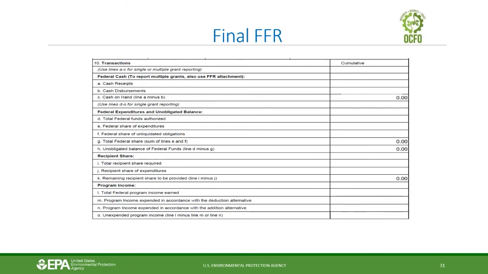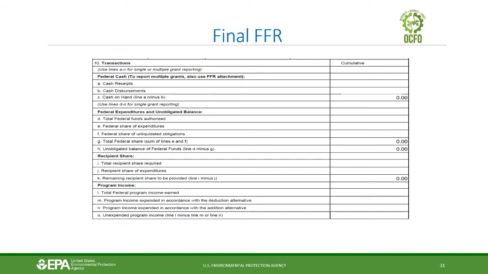There is a question that says, could you give us the formula for calculating the cost share amount? So the formula is basically your federal share plus your recipient share is going to be the total amount of expenses on the award. Then you would apply the percentage outlined on your grant award.